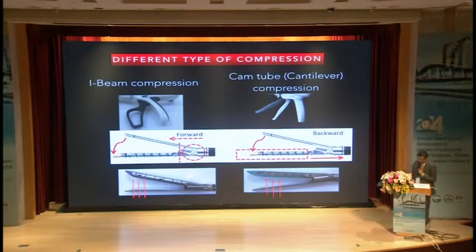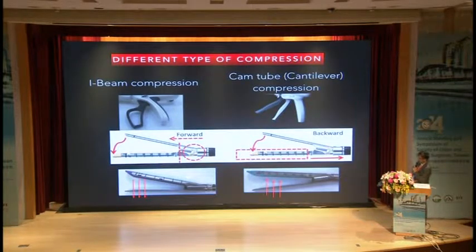We know different companies have different designs for staples and instrument mechanisms. There are two different technologies, I-beam compression and cam-tube compression. On the right side is the Echelon company, and the left side is the Covidien company.